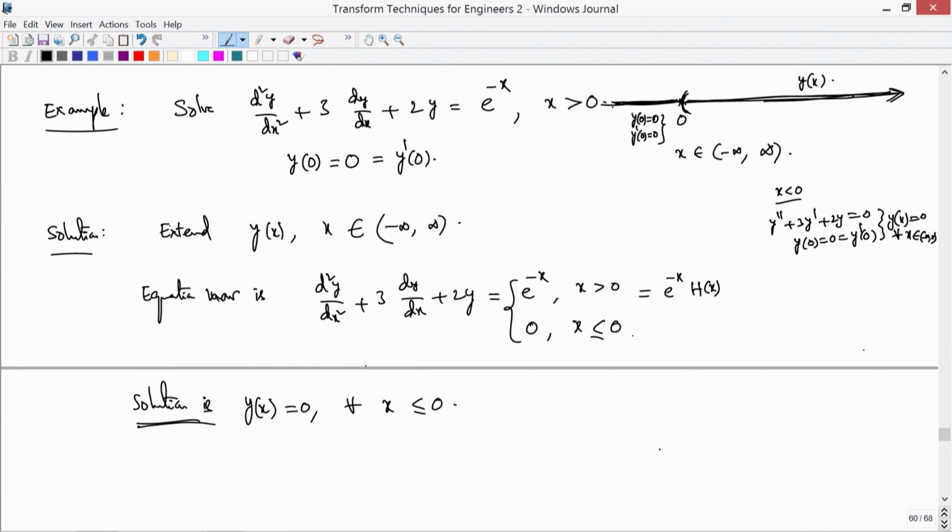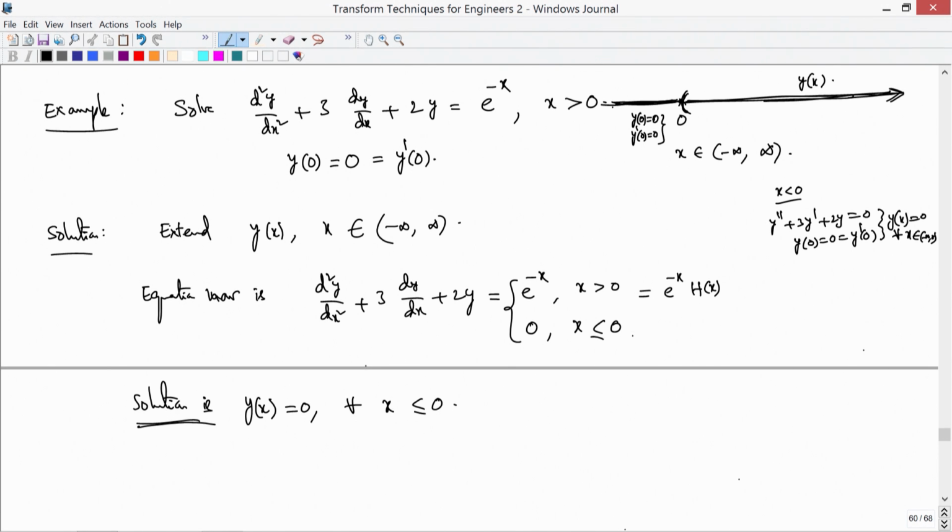Now, the only thing you have to worry about is the x positive side, where it is e power minus x. So, this is an ad hoc way. You look at only the negative side, and at x equal to 0 these conditions are satisfied, y of x is actually completely 0. So, these conditions are already utilized on the negative side.